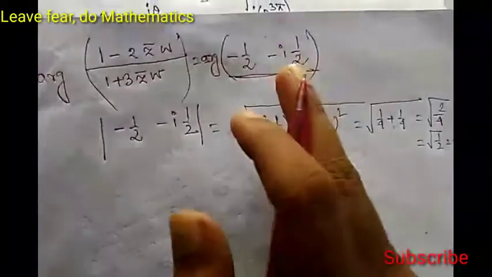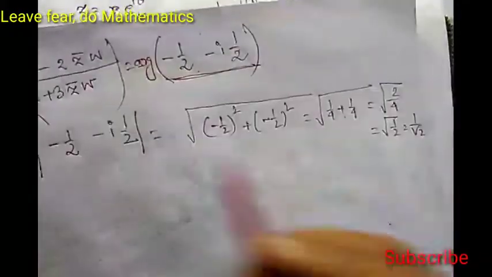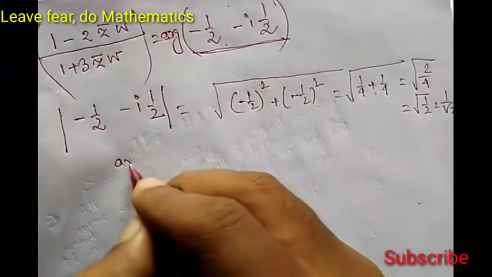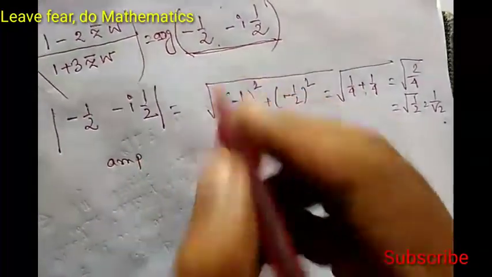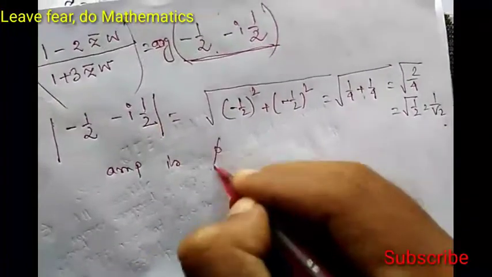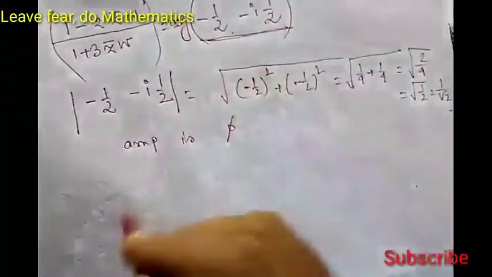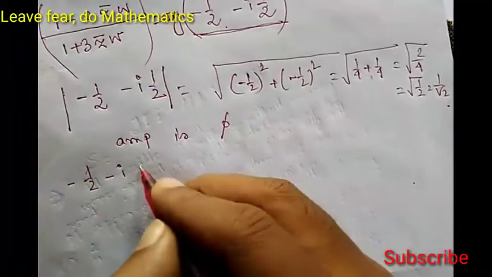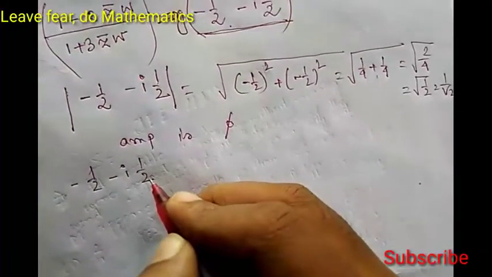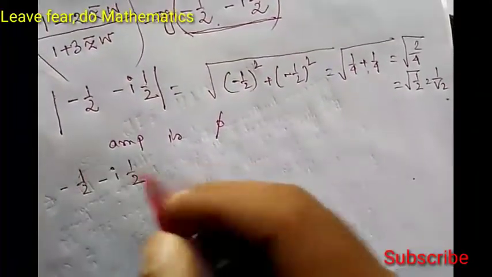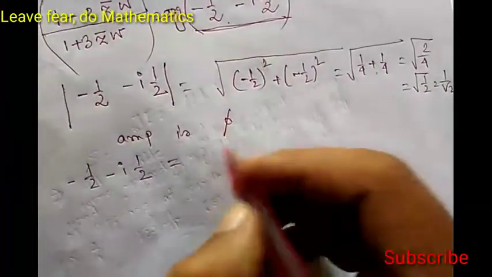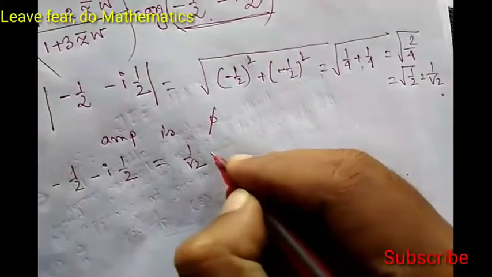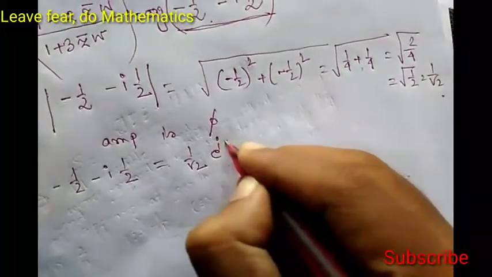So the modulus of this complex number is 1 over root 2. Now let us suppose that the amplitude of this complex number is phi. Then we can write this complex number in modulus amplitude form, where the modulus is 1 over root 2 and the amplitude is phi. So it is 1 over root 2 e to the power i phi.